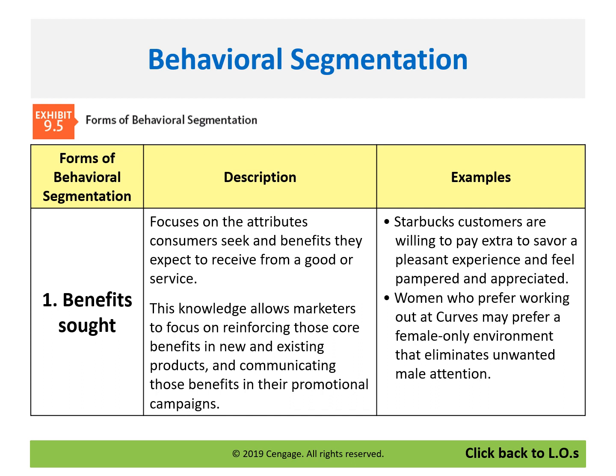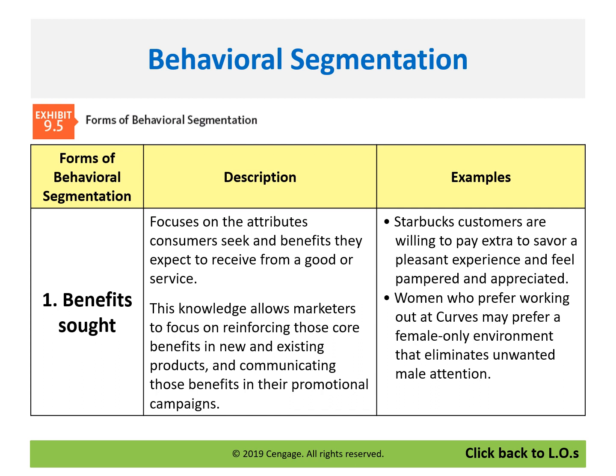Forms of behavioral segmentation. First, benefits sought. This focuses on the attributes consumers seek and benefits they expect to receive from a good or service. This knowledge allows marketers to focus on reinforcing those core benefits in new and existing products and communicating those benefits in their promotional campaigns.